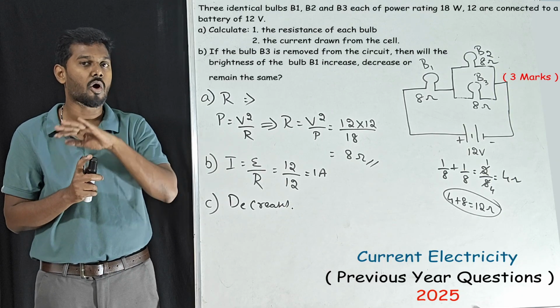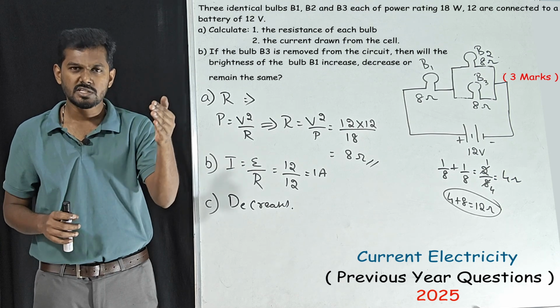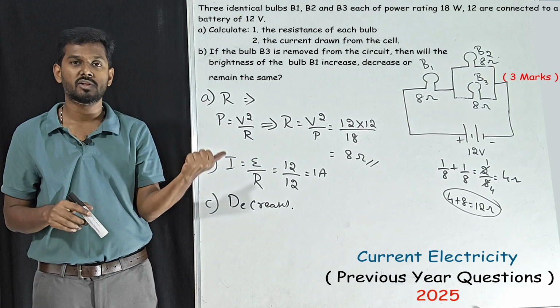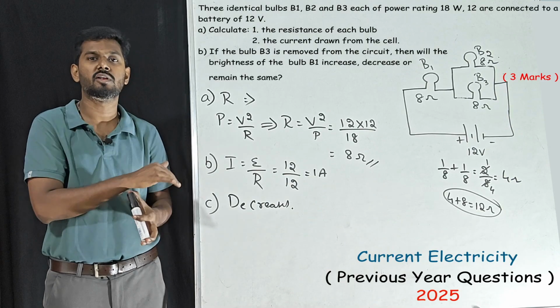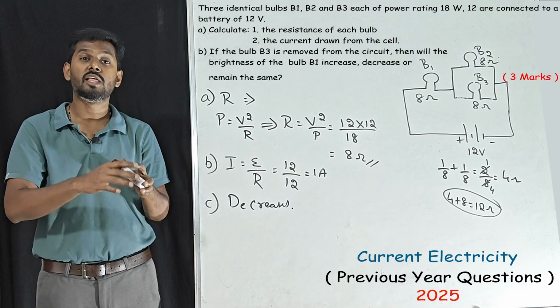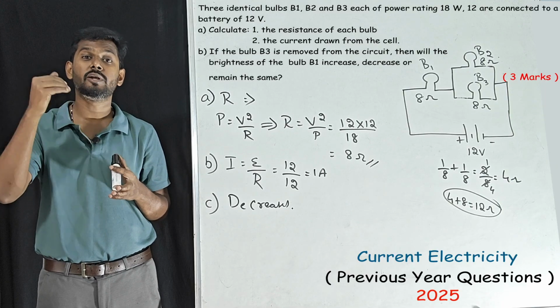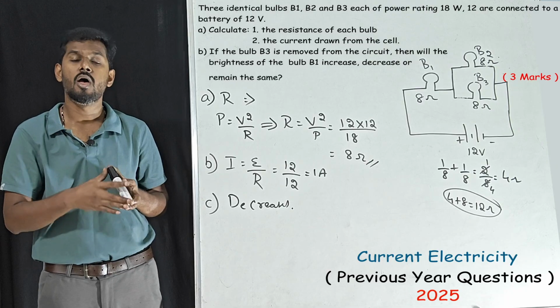Now we have solved all the questions. I think you have understood. If you get any single doubt, just go back and rewatch it. You will understand everything. After this one, go to the logical and application questions of this particular chapter, current electricity. Then you will understand the specimen paper questions as well as the competency based questions released by the ICSE board.